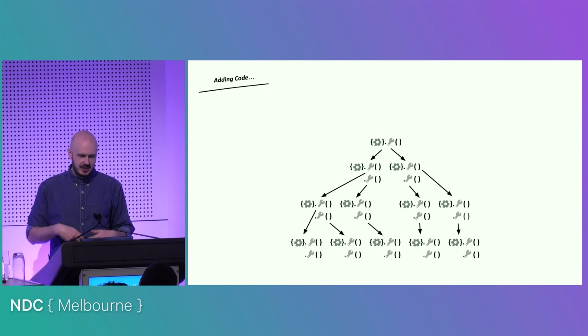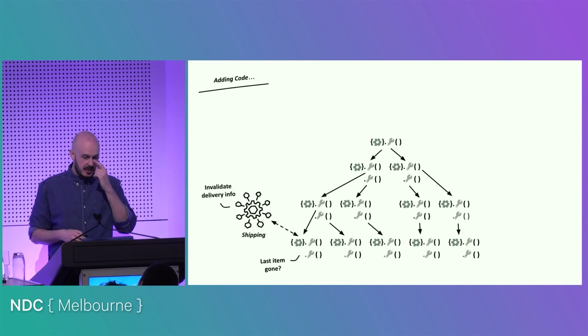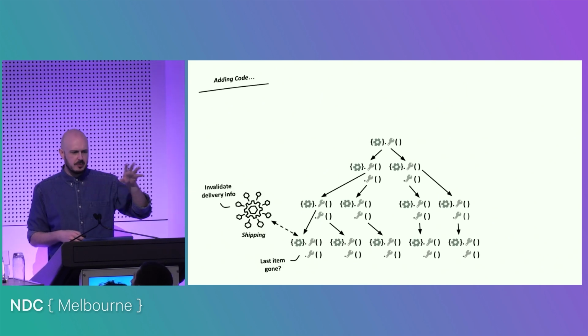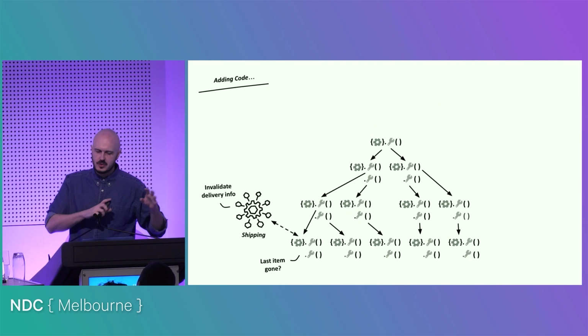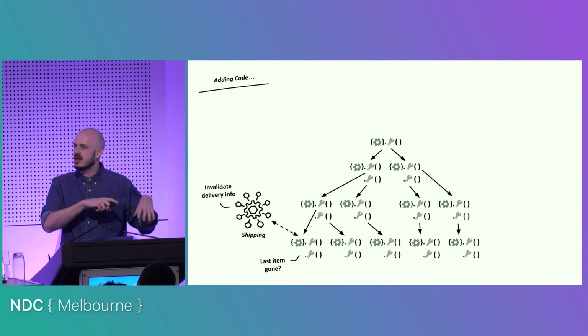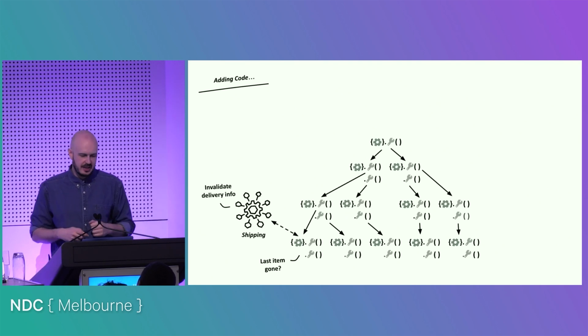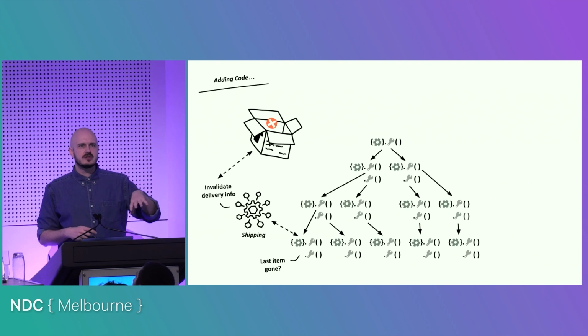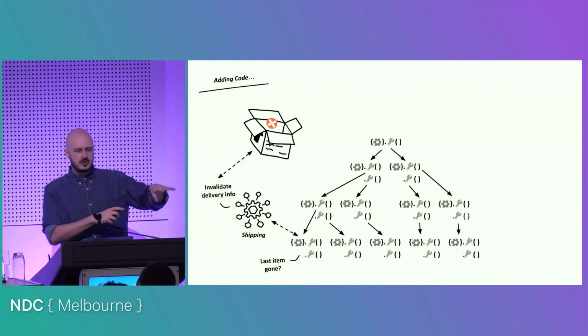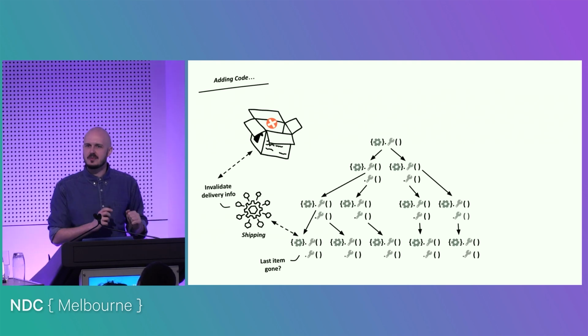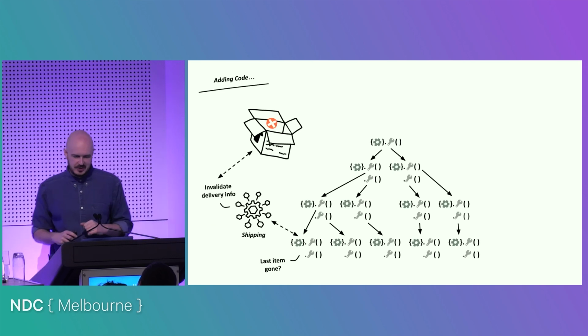So that's what we'll do. We'll add a bit more code, and maybe what we'll do is remove or invalidate the delivery information once we find the last item in an order has been removed. And yeah, that will now cause empty, broken label boxes to be piling up in the warehouse, but at least the label's invalid enough that they can't get shipped out the door anymore.